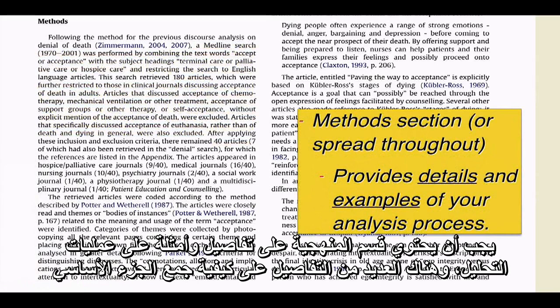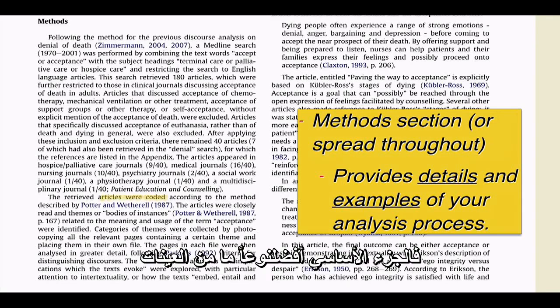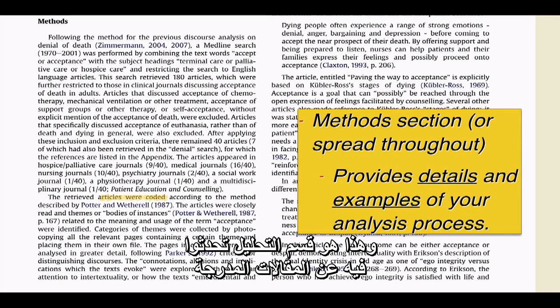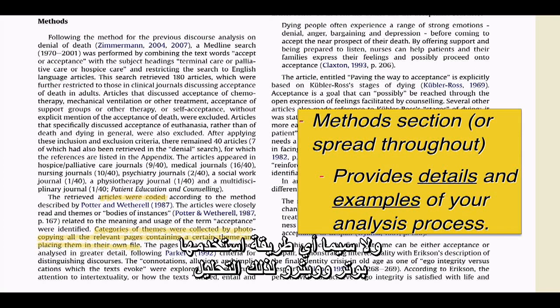Now, it also should have, in a methods section, details and examples of the analysis process. So there were lots of details about how the corpus was put together and what was not in the corpus as well as what was. The details and examples about analysis, right? So the corpus is really more about the sampling. Now this is the analysis part. They talk about articles being coded, and particularly which kind of method, Potter and Wetherell's method, was used for that coding.